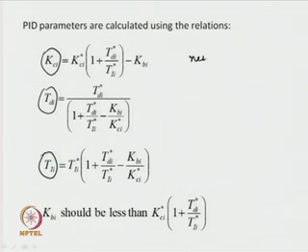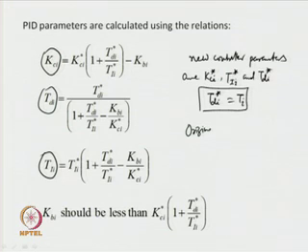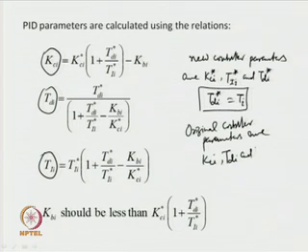The new controller parameters are Kci star, Tii star and Tdi star, whereas the original controller parameters are Kci, Tdi and Tii.